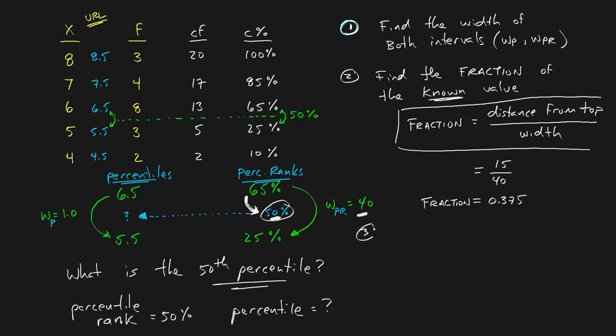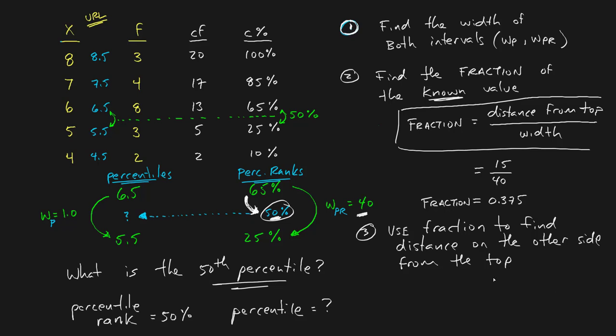My third step says that I have to use that fraction to find the distance on the other side, from the top. What I mean by that is I don't know what this value is over here.